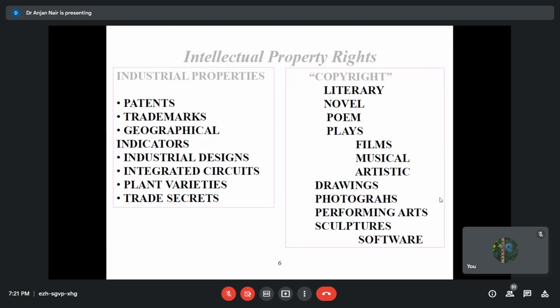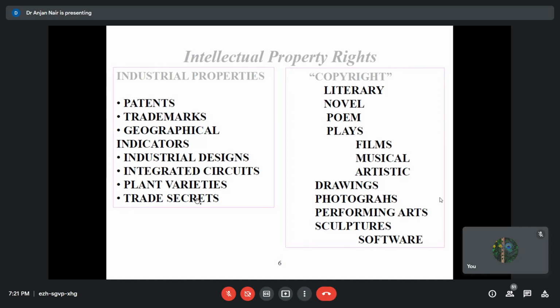Okay, so we'll quickly see what are the different types of IPs or IPRs. So basically we have patents, then trademarks, then geographical indicators, industrial designs, then integrated circuits, and copyright.